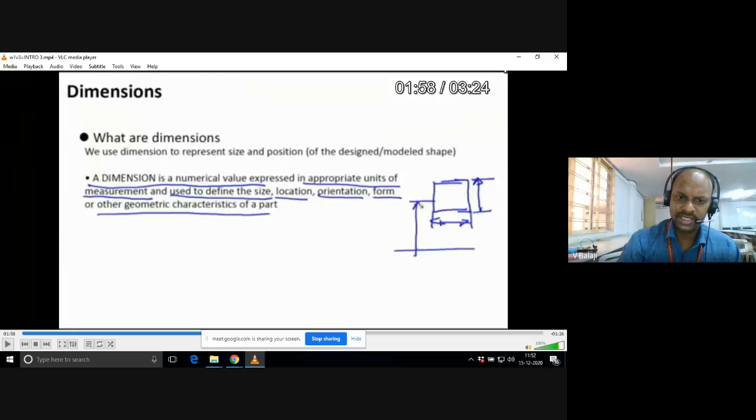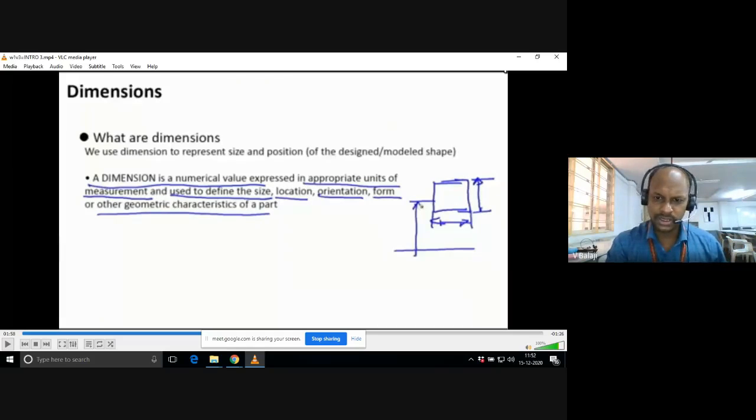And in this class we will see dimensions also, because if you draw something you will give some dimensions, right? What is the length, what is the height? The dimension is also very important. It's a numerical value expressed in appropriate units of measurement and used to define the size, location, orientation, form, and other geometric characteristics of a part.